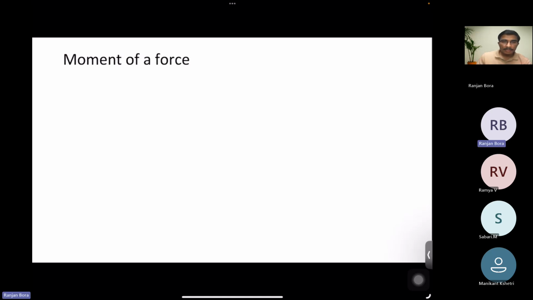Okay. We have seen force. Now we'll see what a moment is. Moment is when a force acts on a body, the tendency to produce movement. It means the force tries to produce some movement of the body.